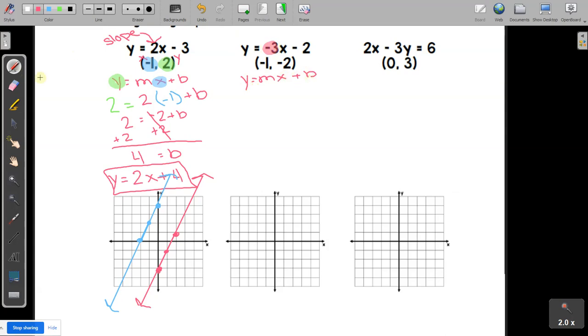So our slope is -3. Now we are going to substitute our x and our y. So our y is -2. We have -2 equals -3 times our x, and our x is -1.